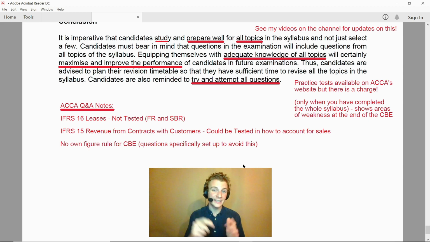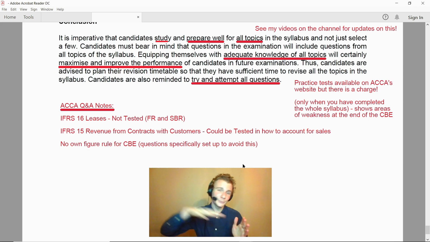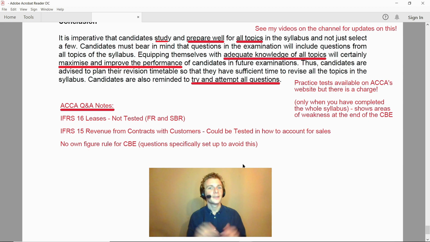So we've actually seen a bit of that in this document as well. And finally, there is no own figure rule for the computer-based examination because questions are more specific and it is not really set up to benefit from this. That's more when you go into other foundation papers.